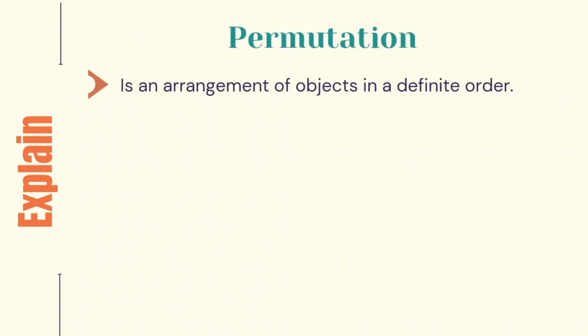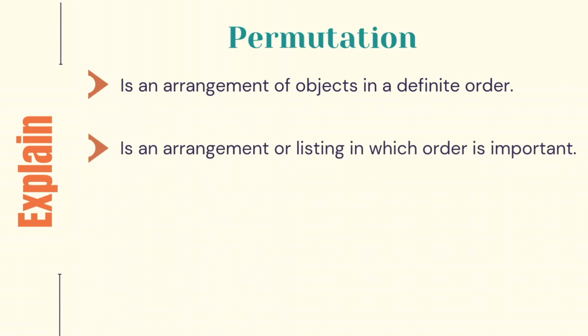Let's recall what is permutation. Permutation is an arrangement of objects in a definite order. It is an arrangement or listing in which order is important.